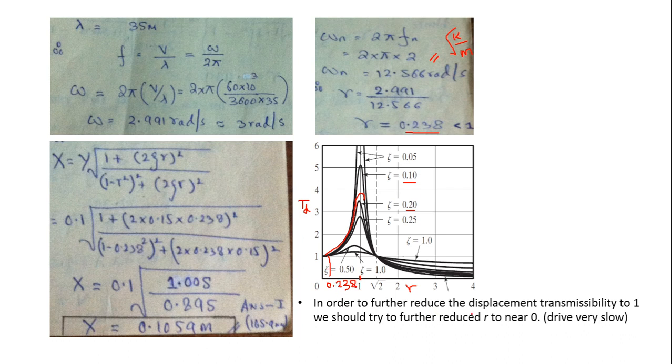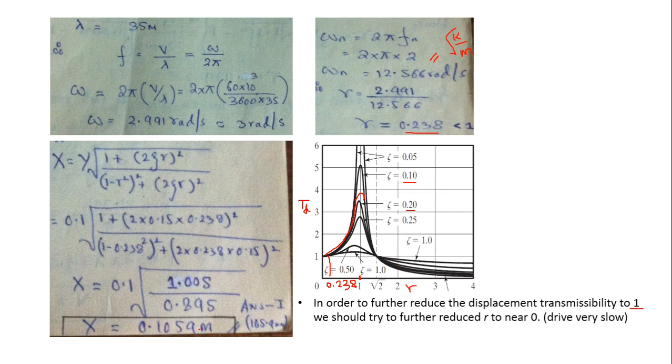Now we can substitute the value of r, zeta and y in equation number 1, and we can calculate the amplitude of vibration of our inertia element of our car. Here in this case it was a car, and that comes out to be 0.1059 meters, which is 105.9 millimeters.